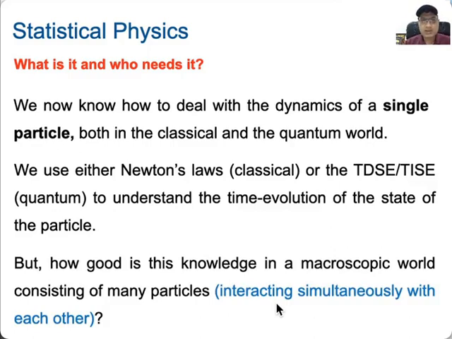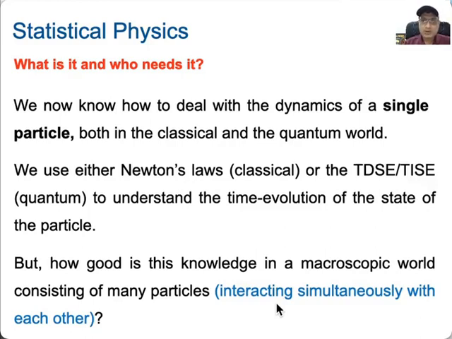So what we really want to do in real life is know the physics or the dynamics of a particle in a microscopic world which contains many particles, not to mention that these particles are interacting with each other.